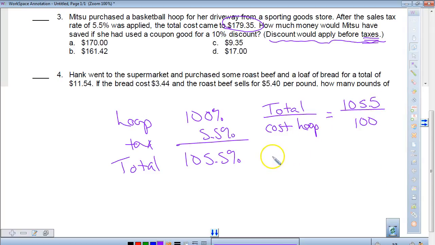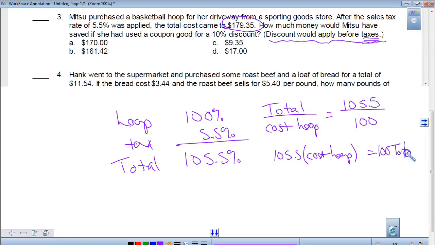And that would give us 105.5 times the cost of the hoop equals 100 times the total. Oh, ran out of room there. 100 times the total. And to find the cost of the hoop, we would divide both sides by 105.5.